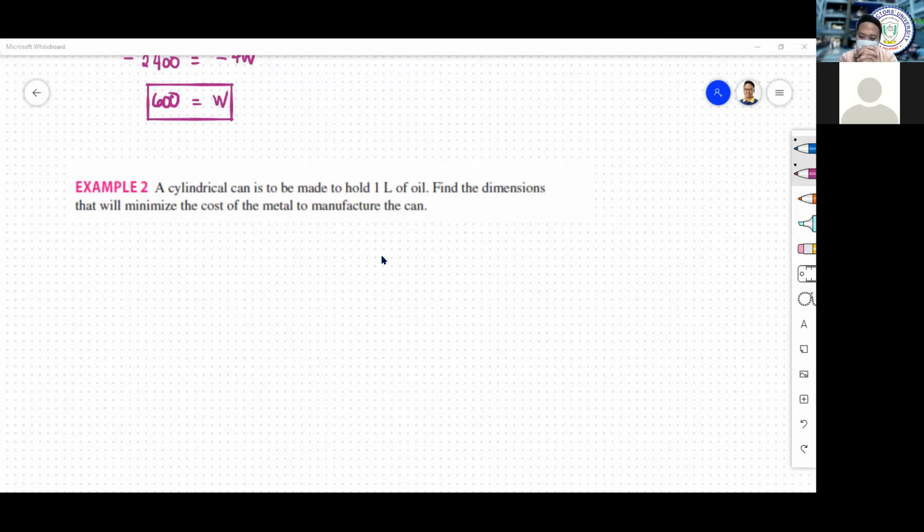Okay, 2 pi RH, 2 pi R squared. Josh, I'm happy with the right side of the equation. Can you tell me what that is? How do you represent 2 pi RH plus 2 pi R squared? Where did you get that from? How did you come up with that specific situation?